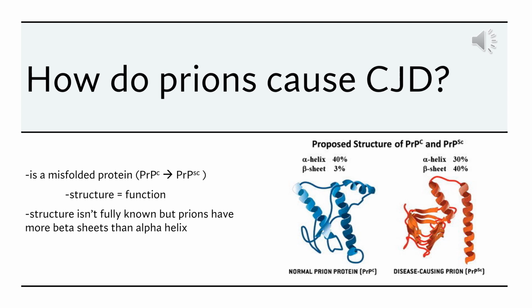The structure of the prions isn't fully understood either, but it is believed that the infectious prions have more beta sheets than they do alpha helices. As you see in the picture to the right, the normal prion protein has about 40% alpha helices compared to 3% beta sheets, but then the infectious prion, the PRPSC, has 30% alpha helices and 40% beta sheets.